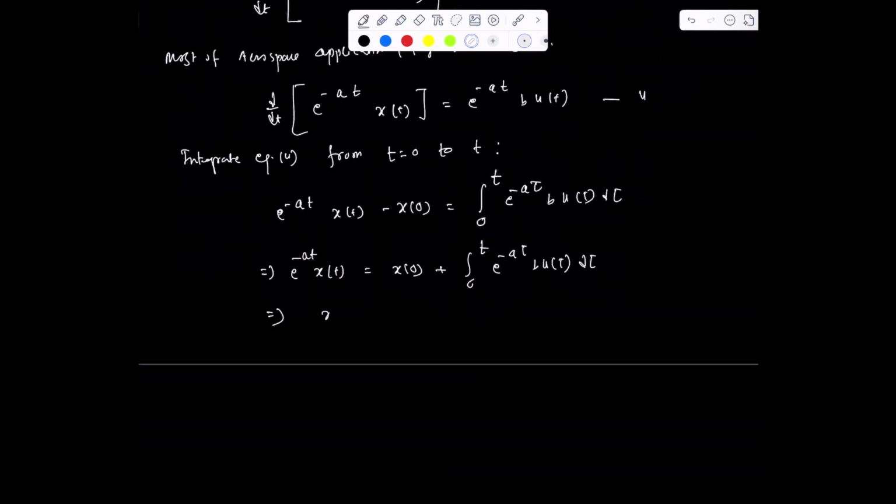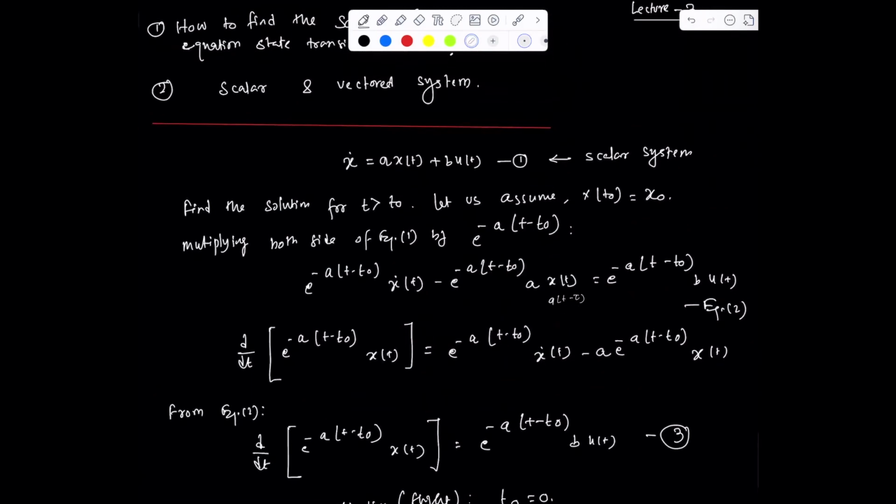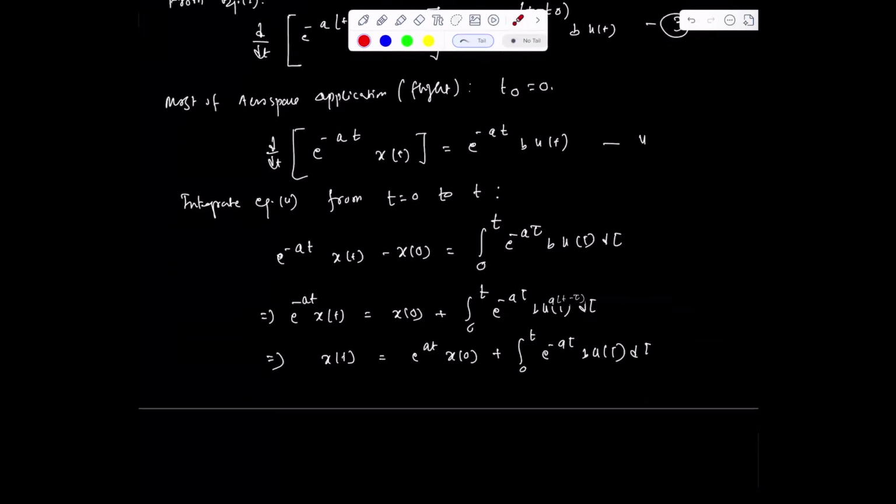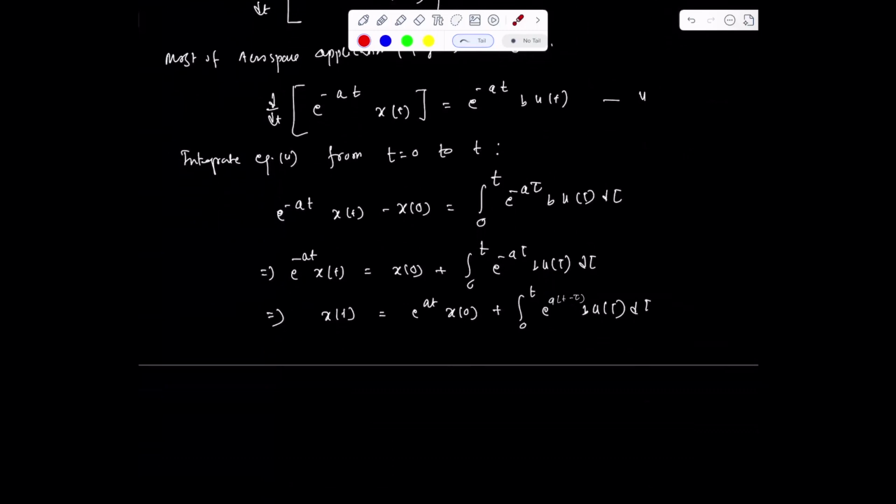Or we can write x of t equal to e to the power a t x naught plus the integral from 0 to t of e to the power a (t minus tau) b u of tau d tau. This is a very, very important solution of the differential equation we have considered. This is the solution from the initial condition at t equal to 0 to t. This is equation number 5.